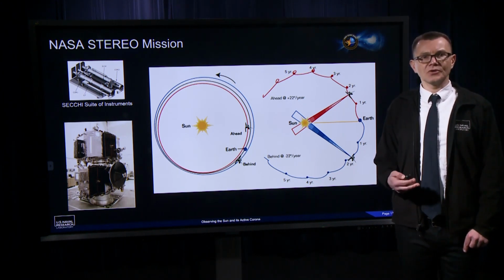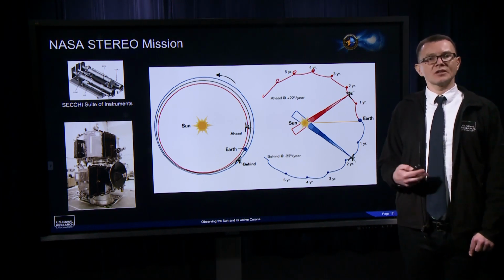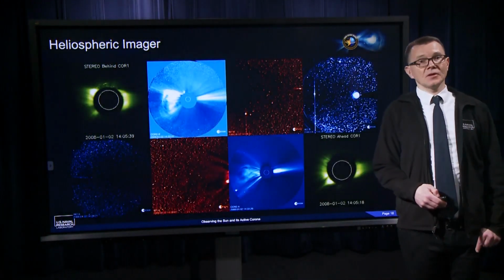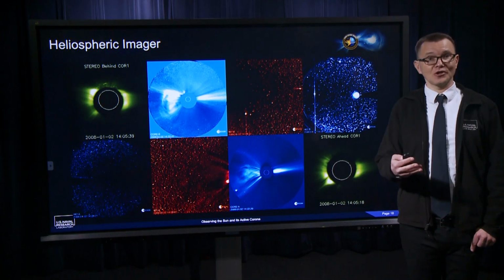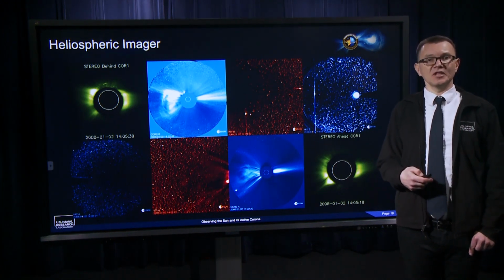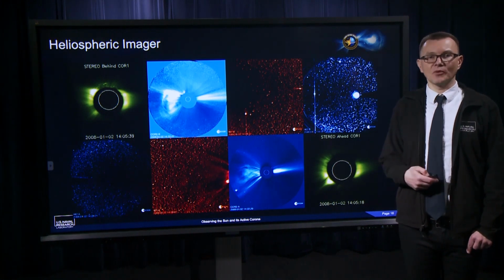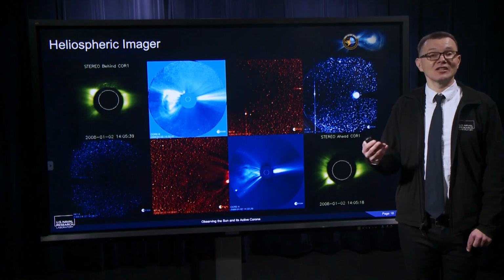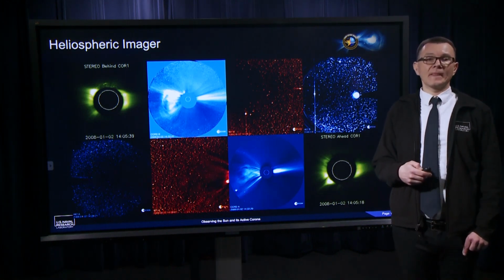STEREO has on board the SECCHI suite of instruments that has two coronagraphs, COR1 and COR2. Note that STEREO has on board another sort of coronagraph called heliospheric imagers, or HI. These imagers are not directly pointed at the sun like a coronagraph. They instead look on the side much further away from the sun.